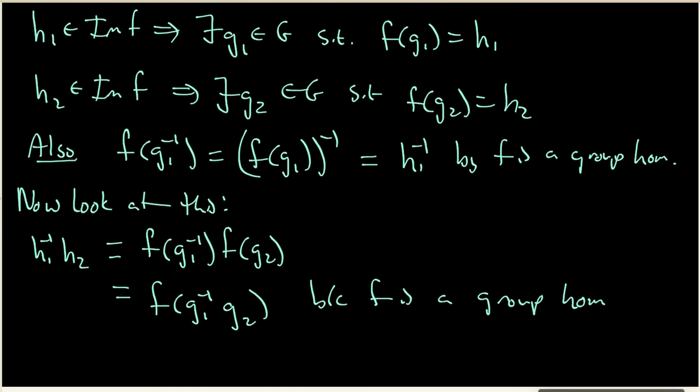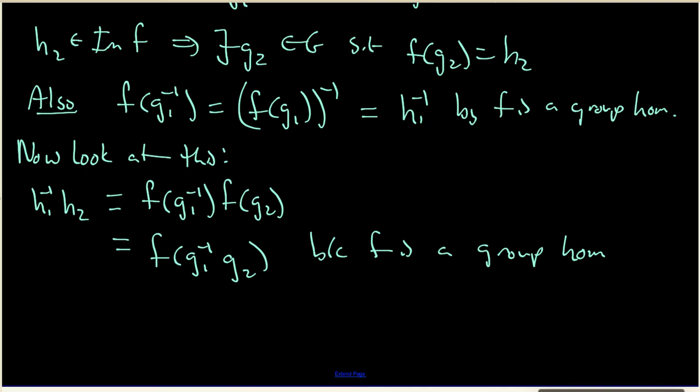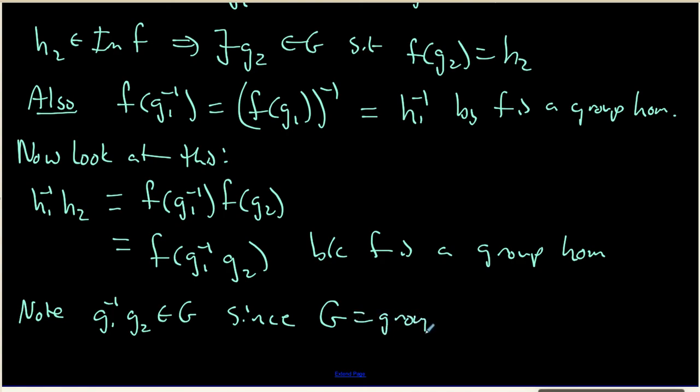But now I want to look at this particular element here. g1 inverse times g2 is in G. And I know that because G is a full-fledged group, and g1 and g2 both belong to G.